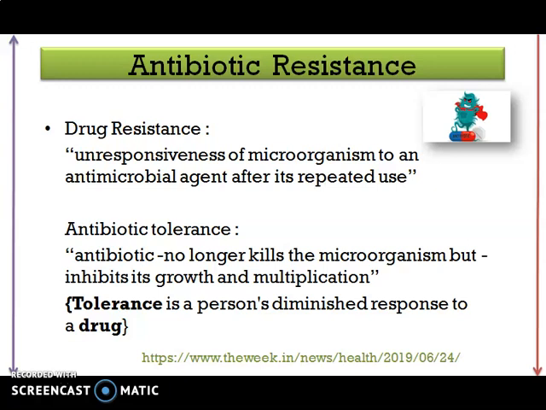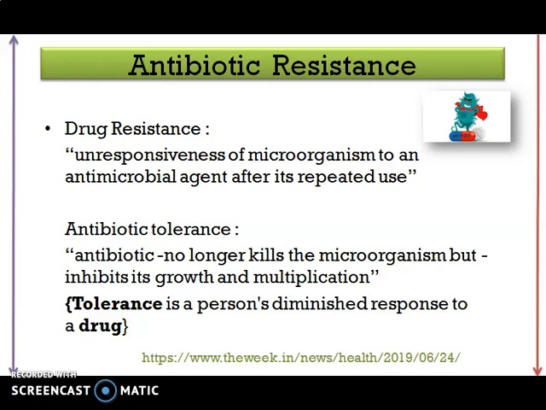So what is antibiotic tolerance? Antibiotic tolerance shows no longer a killing effect on the microorganism but inhibition of growth and multiplication, and it is particularly a person's diminished response to a drug.